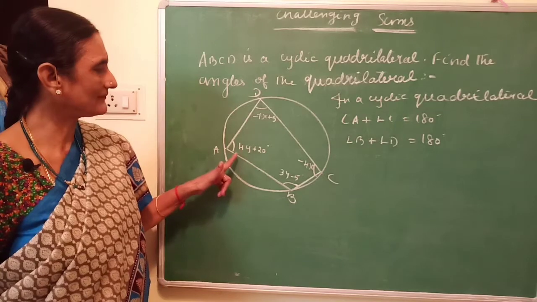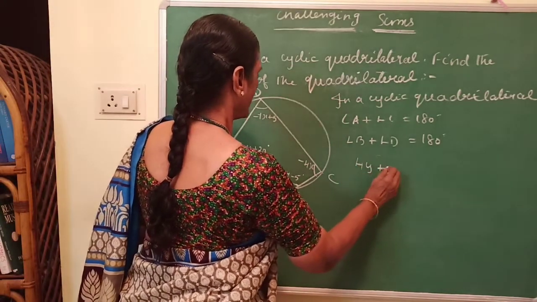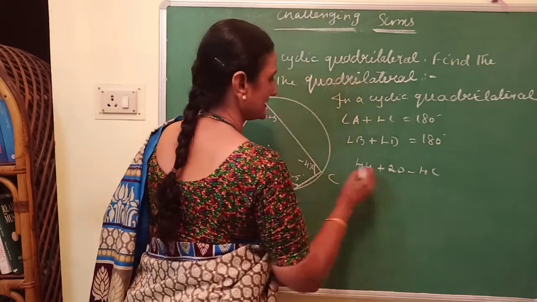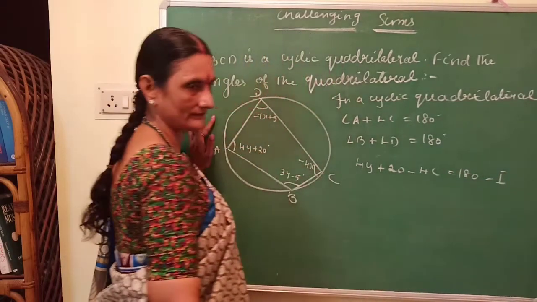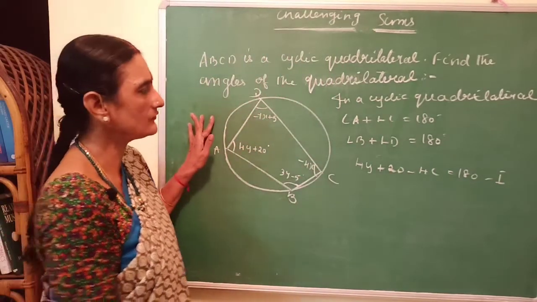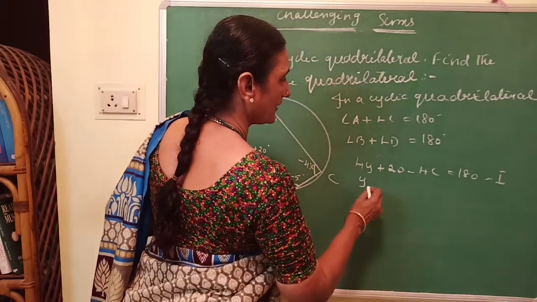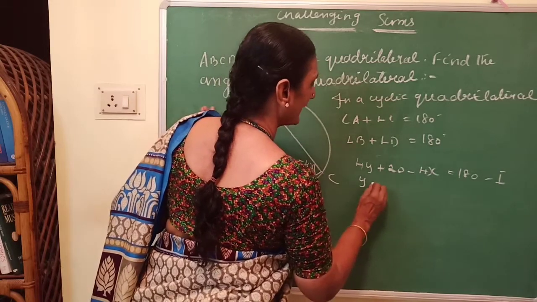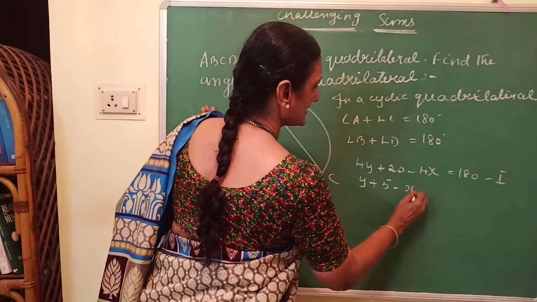Now in this sum, what is angle A? 4y plus 20 and minus 4x is angle C, that is equal to 180. That is your equation 1. Throughout what is common? 4 common. So if you cancel it, you will get 4y plus 5 minus x.